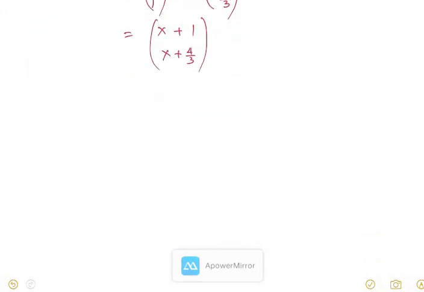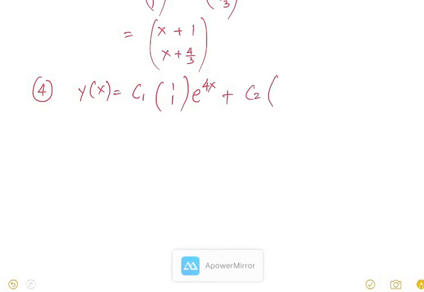And then step 4 is the general solution. So y(x) equal to C1 times eigenvector 1. I straight away write down eigenvector 1 is 1, 1, for the lambda of 4, so exponent 4x, plus C2 times x plus 1, x plus 4 over 3, for lambda 4x also.